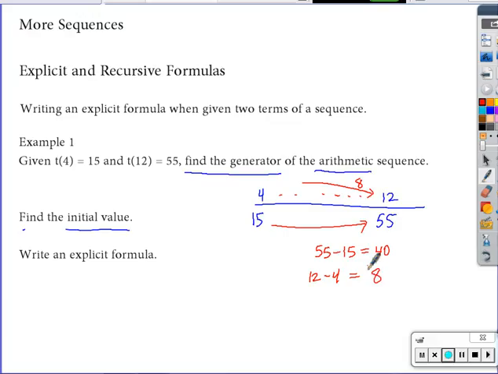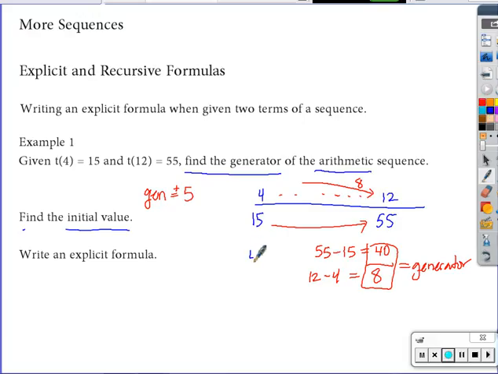And then we divide those 2 answers, and that will tell us our generator. So 40 divided by 8 is 5. So my generator is plus 5, because it's increasing. To find my initial value, I just need to go backwards.